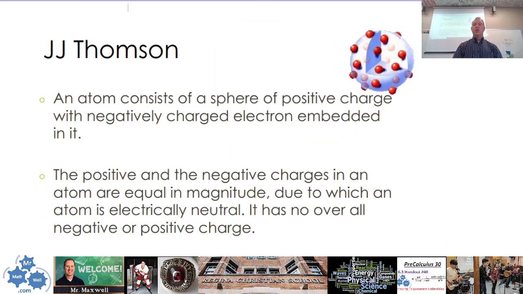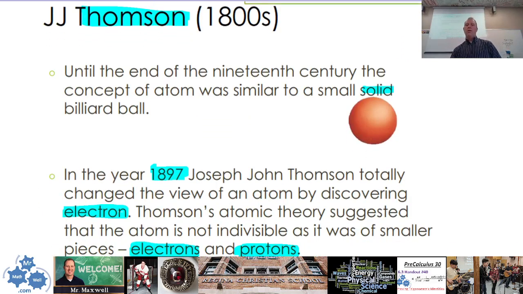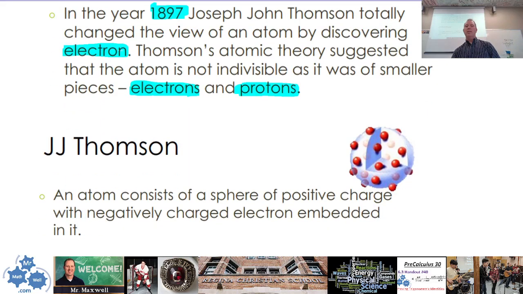J.J. Thomson's model kind of looked like this. This is sort of the model that was prevalent at the time. It was like a solid model. But now he said the model actually has different pieces inside of it. It gets more complex. I think these red things would be the electrons that he thought were inside this ball.